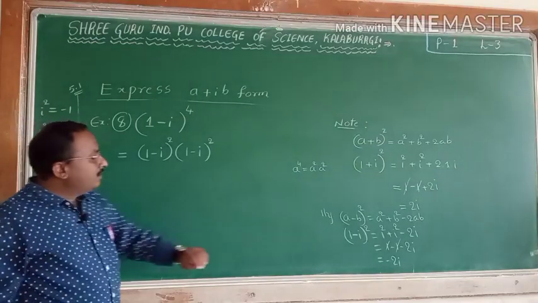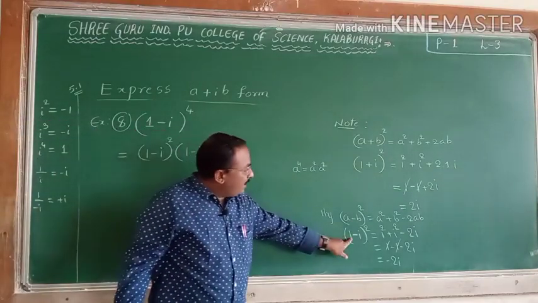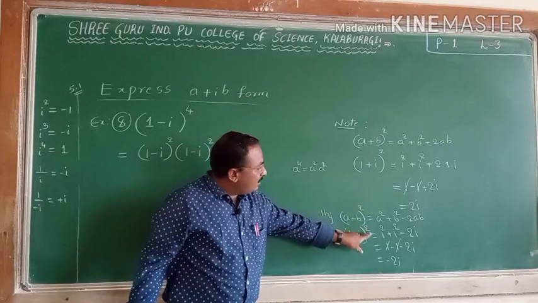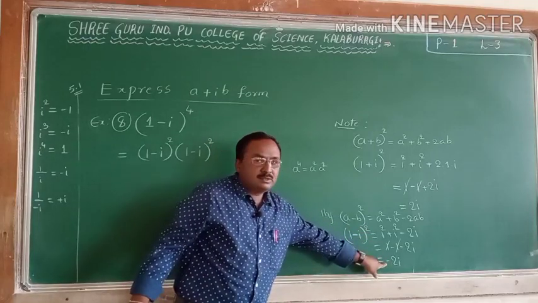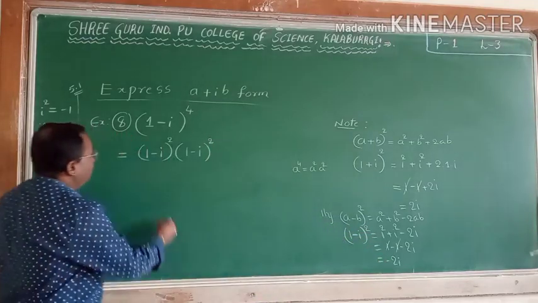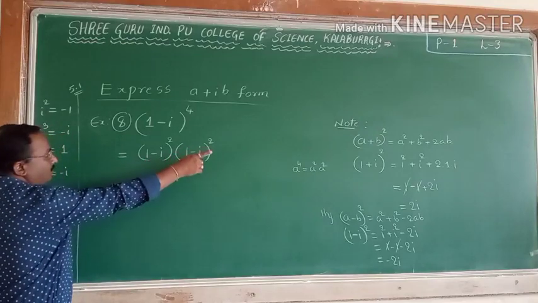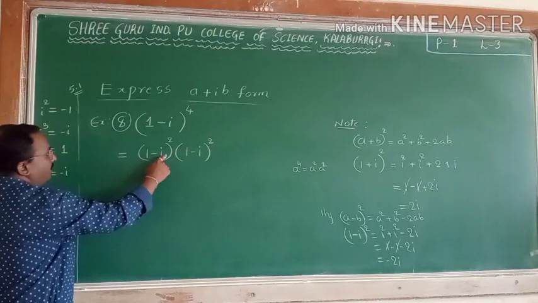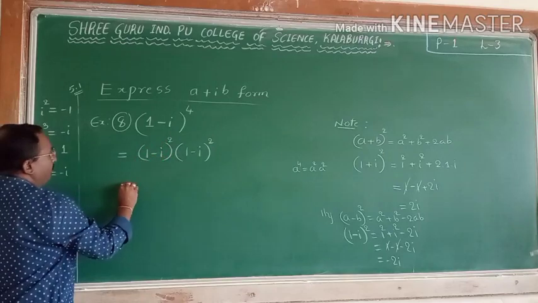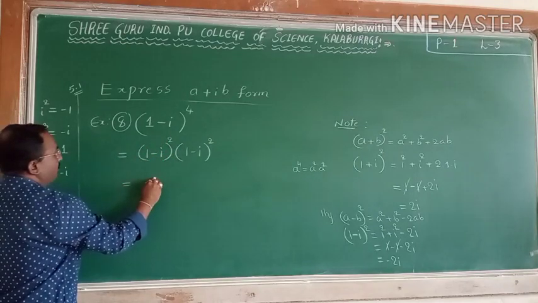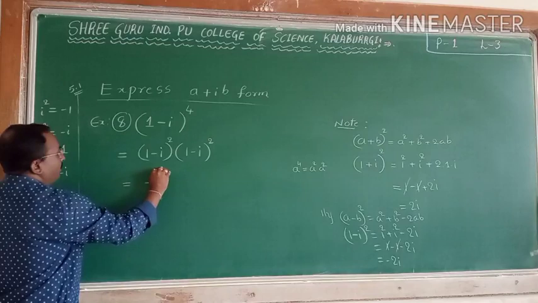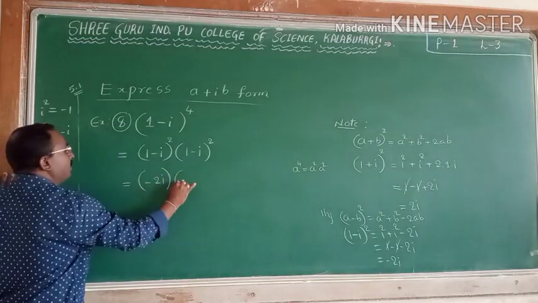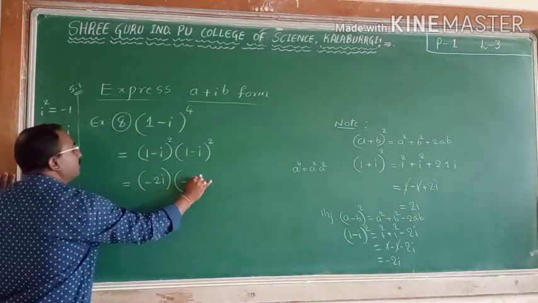Clear? But here 1 minus i whole square value is minus 2i. Substitute according to the note, minus 2i, again minus 2i.